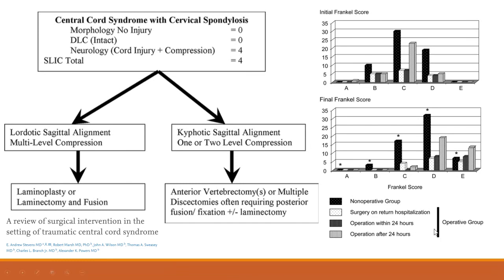Interestingly, the 3 stratified groups, surgery within 24 hours, after 24 hours, and as returned to the hospital, did not demonstrate any significant difference. However, this is a retrospective study, and further prospective studies with larger groups may serve to elucidate this.